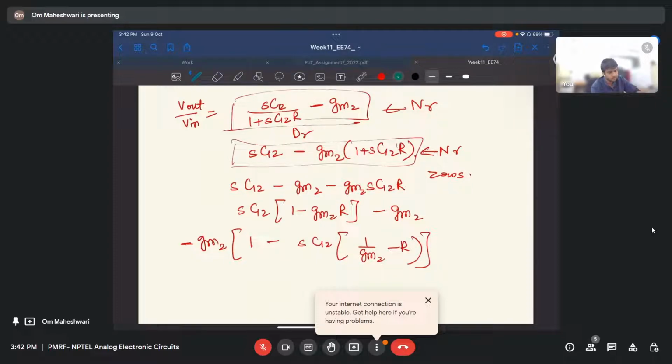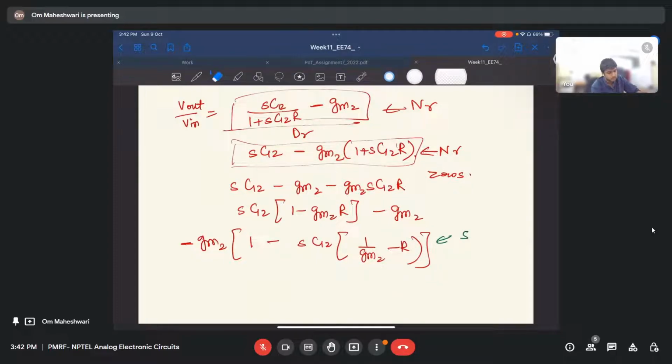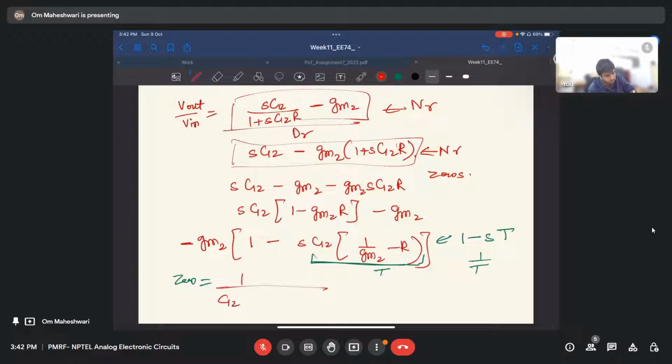So what is this form? It is something like 1 minus S times T, right? So our zero is 1 by T. So the zero is 1 by C12 (1 by GM2 minus R).